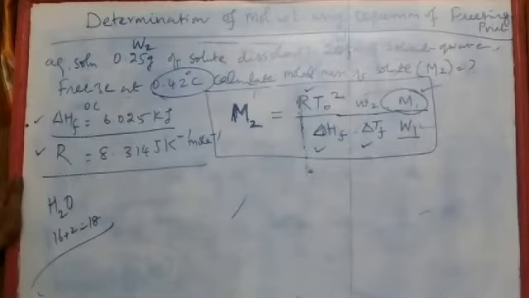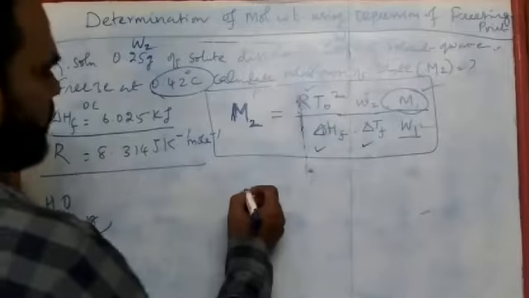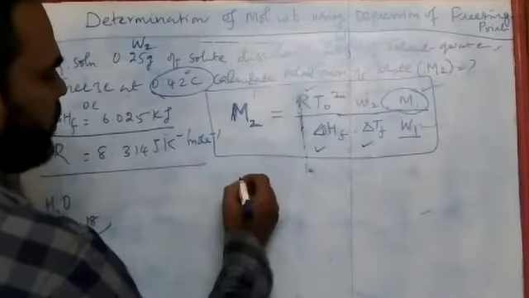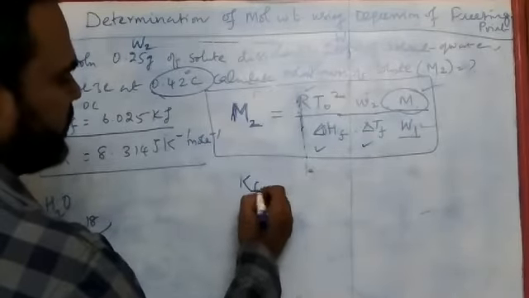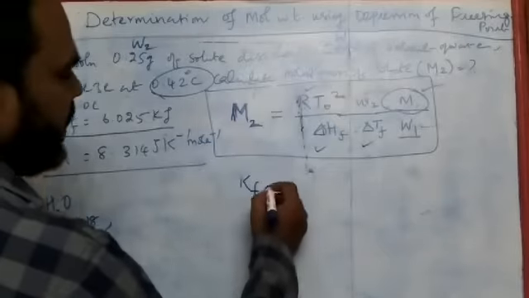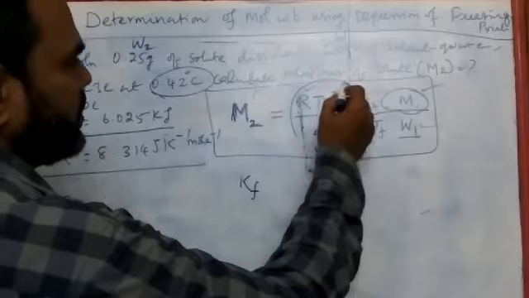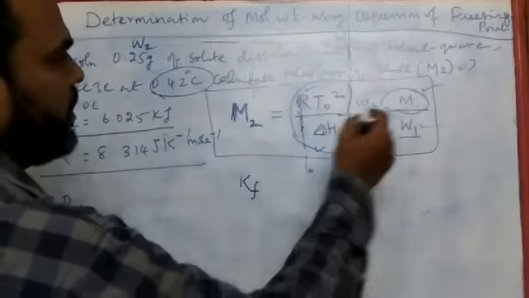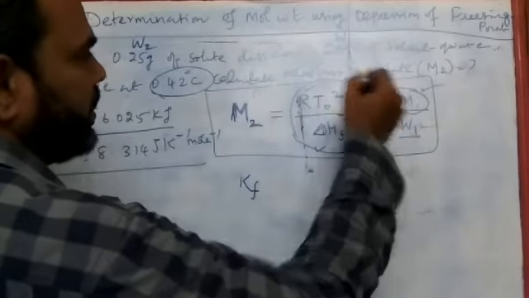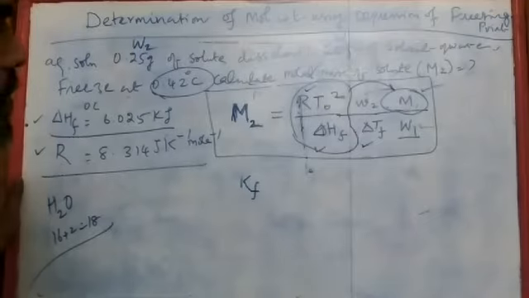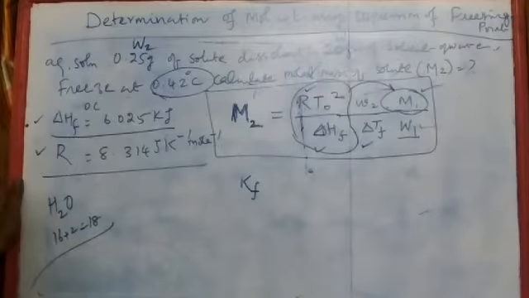So let us substitute everything in the equation. You can find this Kf first and finally substitute. Kf is R T0 squared into M1, divided by delta HF. If you substitute these values, you will get Kf.